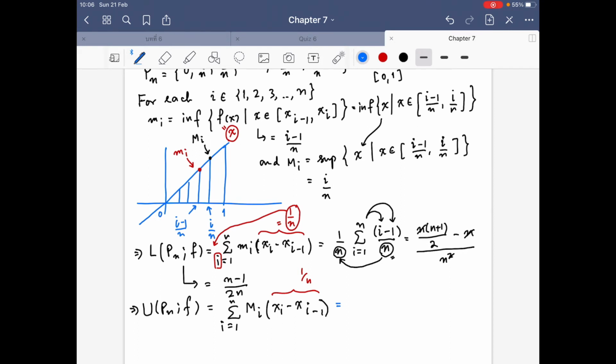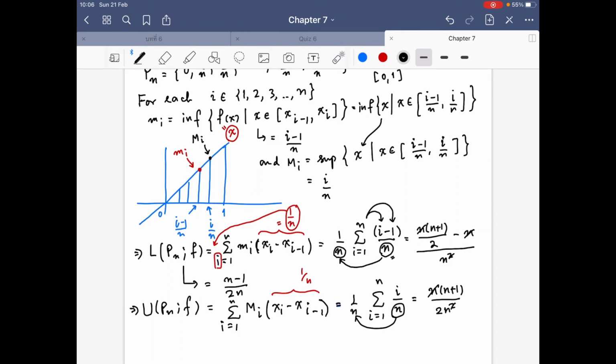Okay, so you have 1 over n, and then your capital Mi is i over n from 1 to n. So your n is another fixed parameter, so you move it out, so you got n plus 1 over 2n square, right? Or I mean, this one cancels, so you have n plus 1 over 2n.